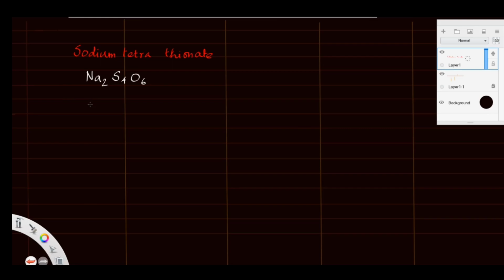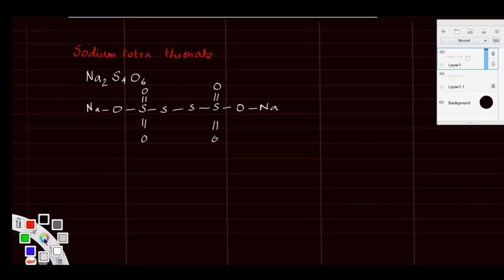The structure of this compound is Na single bond O, single bond S, single bond S, single bond S, single bond S. All sulfurs are connected linearly in this compound. And the last O, single bond Na. The first sulfur and last sulfur have double bonded oxygens, and the middle sulfurs are present without oxygen.